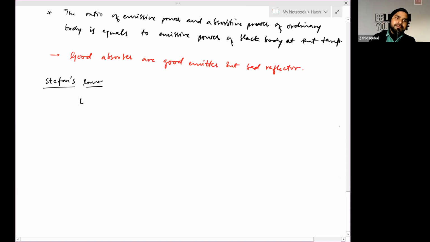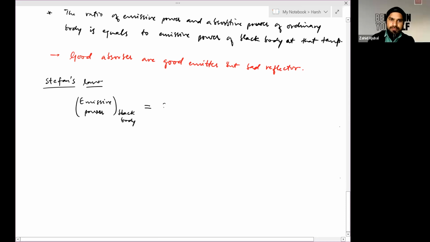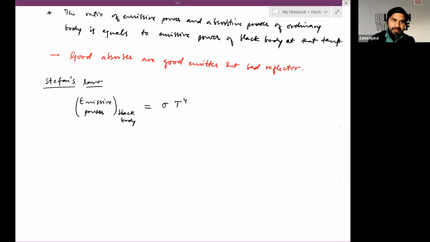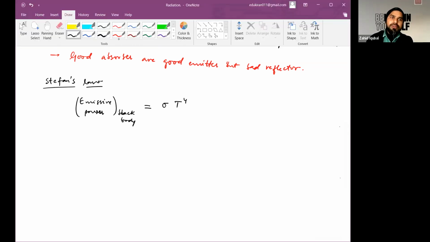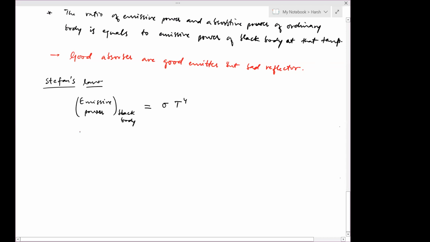It states that the emissive power of a black body is equal to sigma times temperature to the power 4. So we can say emissive power is directly proportional to the fourth power of the absolute temperature. Is it clear?